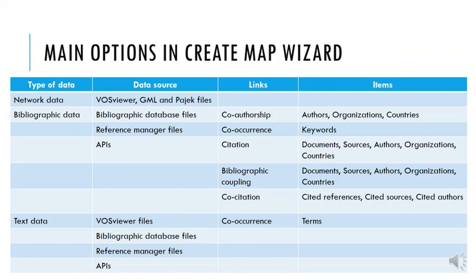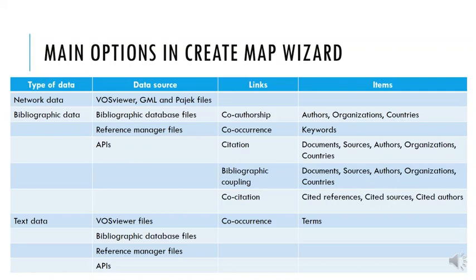There are options that you can choose in the Create Map wizard. If you want to create a map based on network data, your data source should be from VOSviewer, GML, or project files. If you want to create a map based on bibliographic data or text data, you need to have bibliographic database files, reference manager files, or application programming interface (API) files.